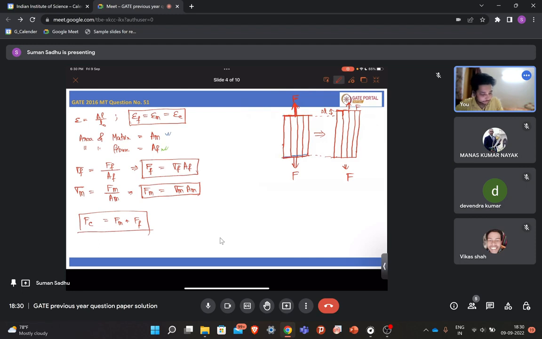This force will be divided into a matrix part and a fiber part, but the total force has to be balanced.